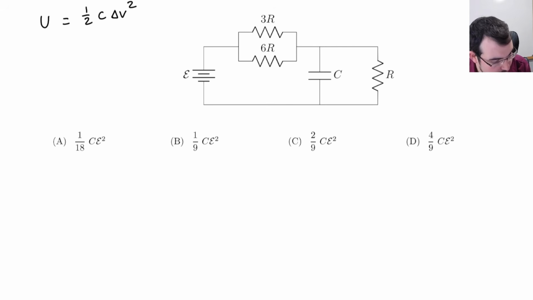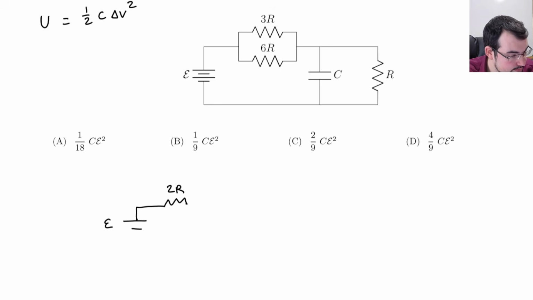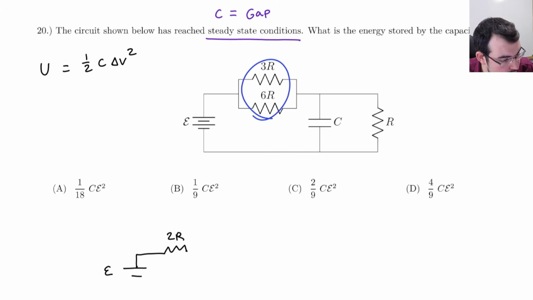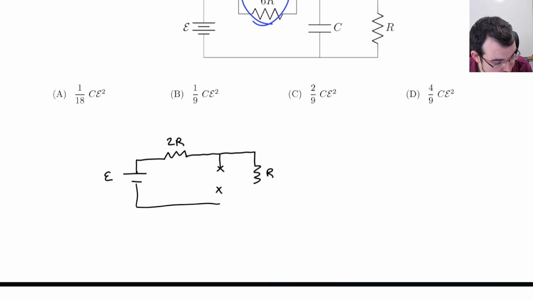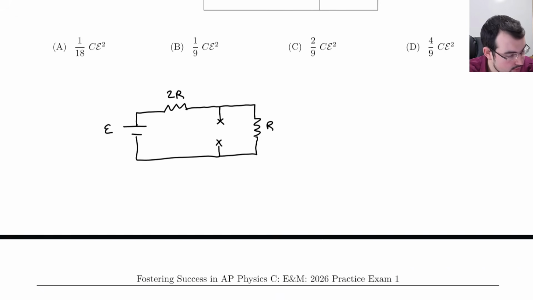So we can just quickly redraw this after a long time. 3R and 6R make 2R in parallel because (1/3 plus 1/6) to the -1 is 2. We'll need that. The capacitor is a hole, so no current goes down there. So this is our effective circuit.